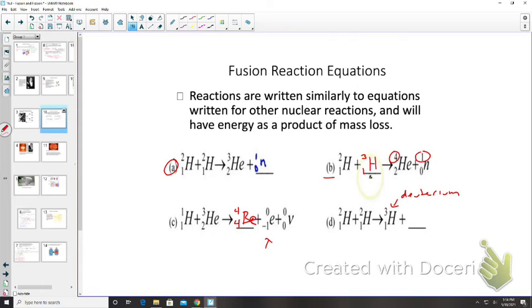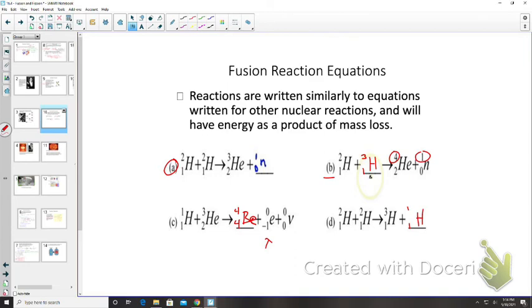Let me double check that. But anyways, we'll talk about that in a minute. That doesn't really matter for now. So anyways, we have hydrogen 2 and hydrogen 2 coming together to form hydrogen 3. So going in, we have 4 as my mass number. So we got to make sure we have a mass number of 4 going out. So that has to be 1. And going out, we have an atomic number of 2. So this must mean that.